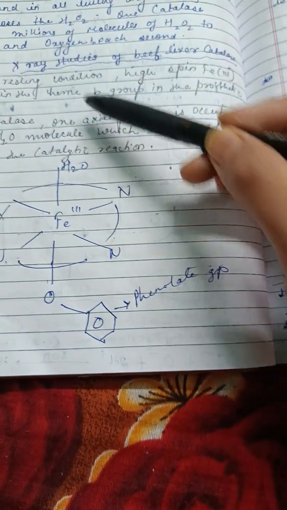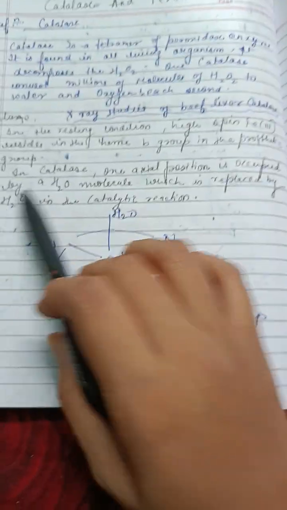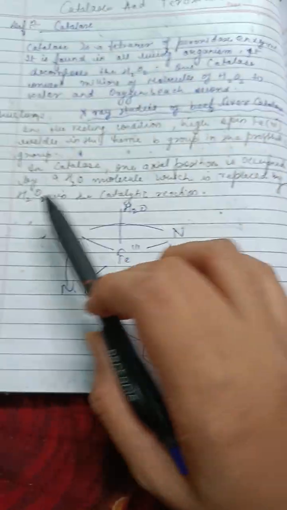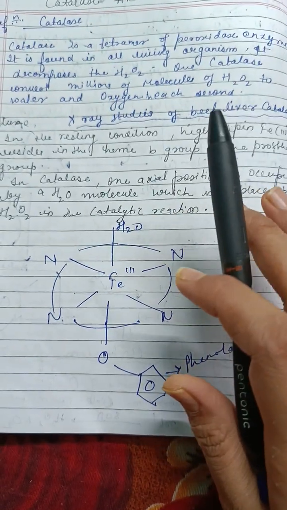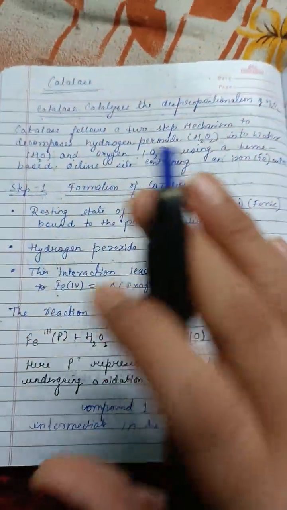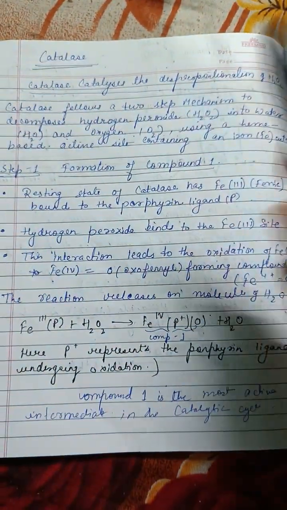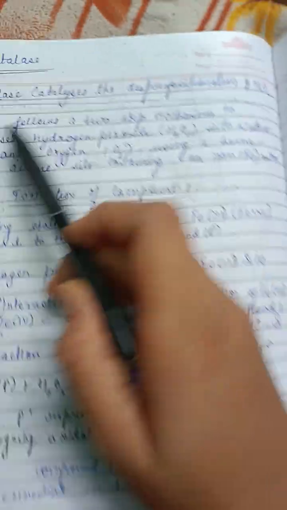So in catalase, one axial position is occupied by a water molecule, which is replaced by H2O2 in the catalytic reaction. Now let's study the mechanism. I've jotted down each and every step in theoretical form so that you won't face any problem. Catalase catalyzes the disproportionation of H2O2.